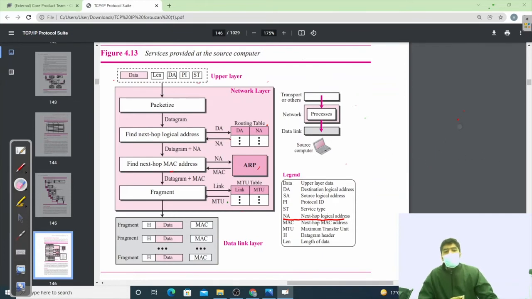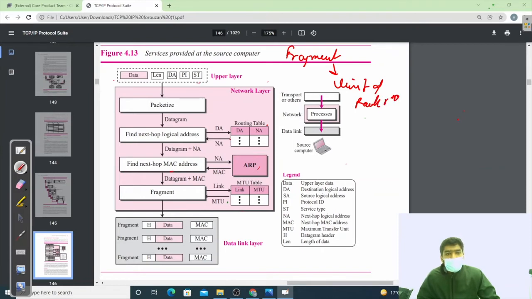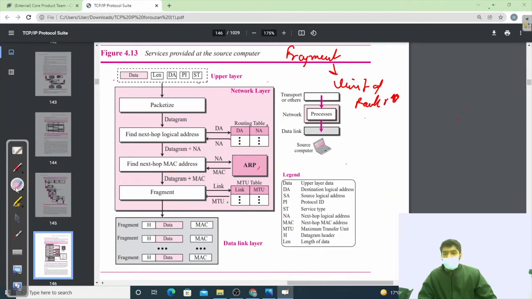Fragmentation is only done when the data is over the limit of the router we are sending to. It is very important that everyone has a different limit, so fragmentation is different for every router. That's the point I want to make.